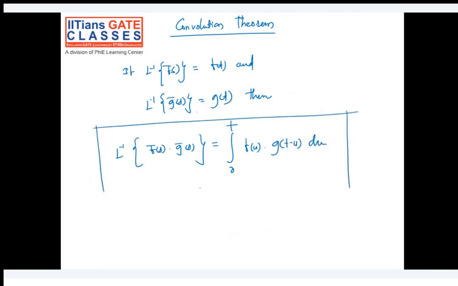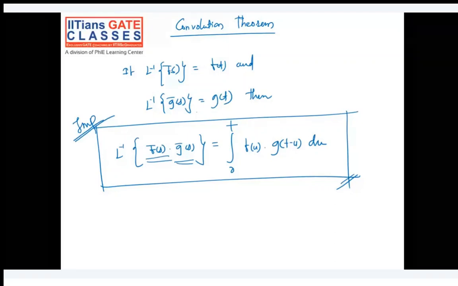Whenever two functions are there in multiplication, okay, f bar of s and g bar of s, whenever two Laplace transforms are there which are already in multiplication, and you're supposed to find the inverse Laplace of it, under those situations you should be using this theorem. Okay, let me help you out with some questions here to make this concept robust.